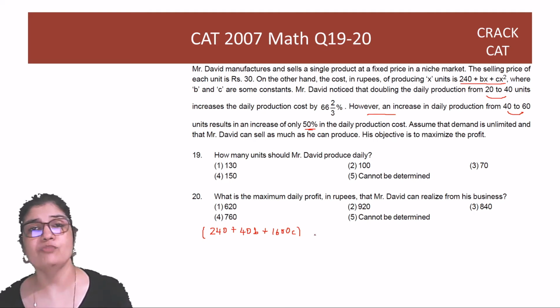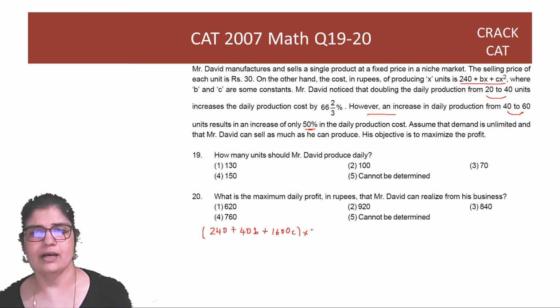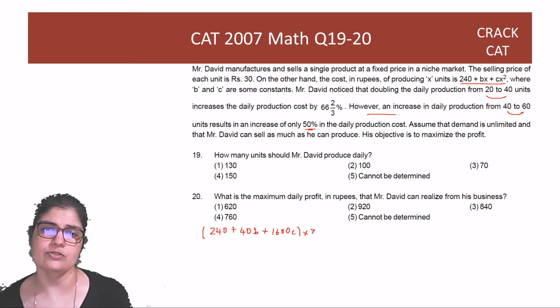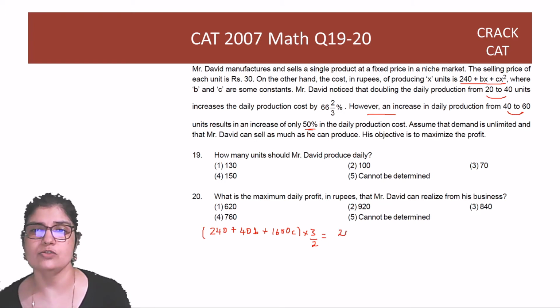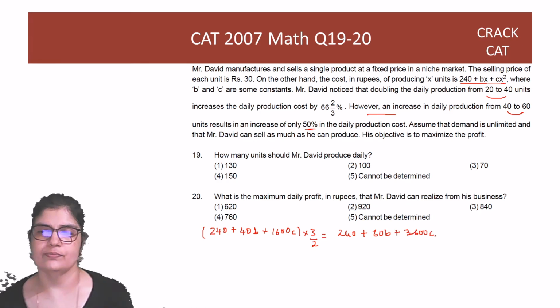Now this is the cost at 40. When this increases by 50%, you get the cost at 60. 50% increase means 150%: 100 increases by 50 to become 150, so multiply by 3/2. This will give you the cost at 60, which is 240 plus 60B, now X is 60, plus 3600C. Correct?